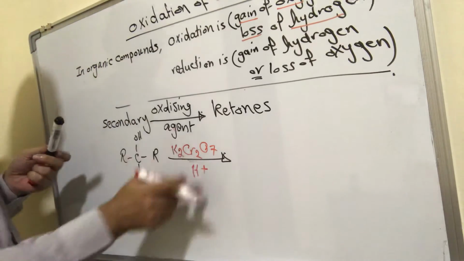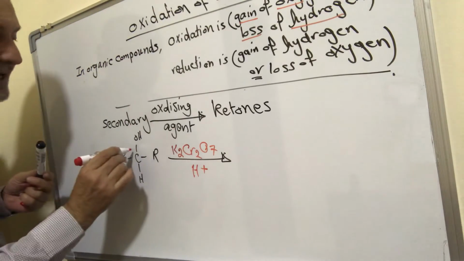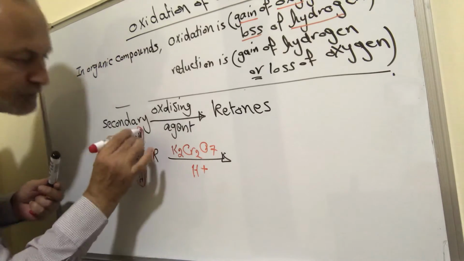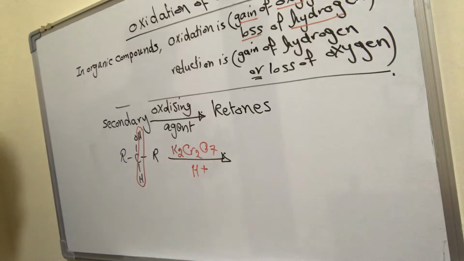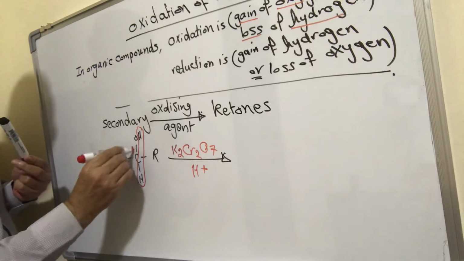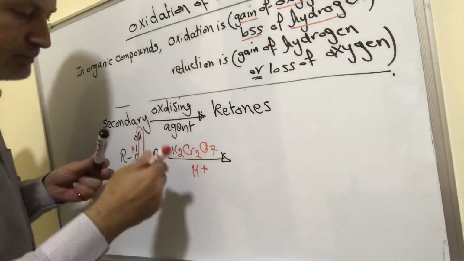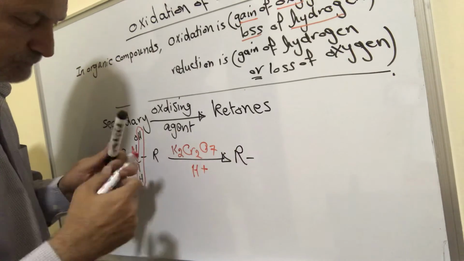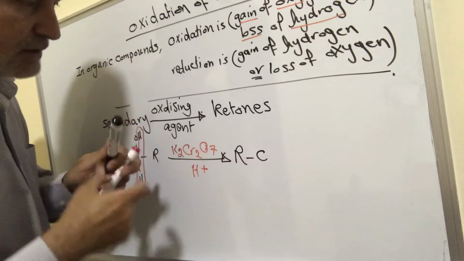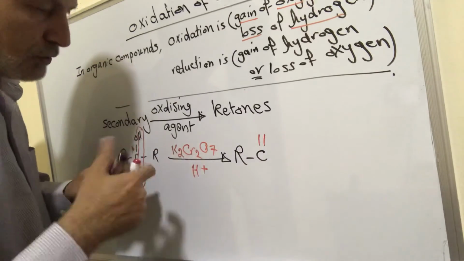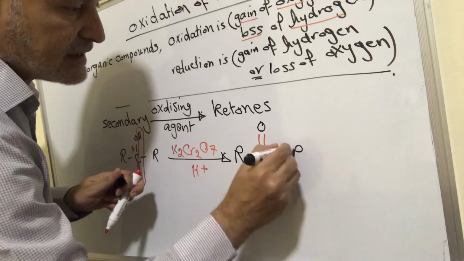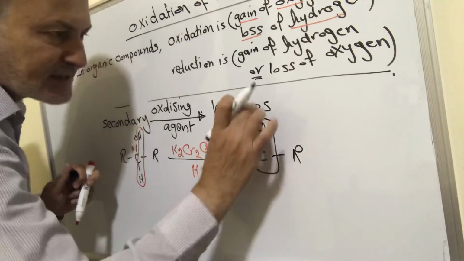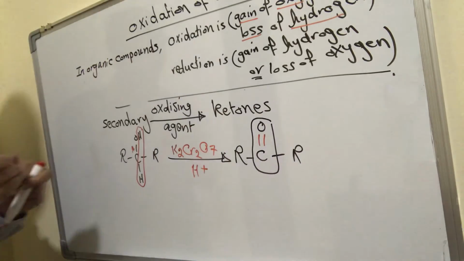I don't care about which one. Only these 2 hydrogens should be removed, these 2 from the same carbon. So in a simple idea, you are changing this carbon atom into a new carbon atom that holds the double bond O. In this case you are changing the secondary alcohol into a ketone, since this one is the functional group of a ketone.